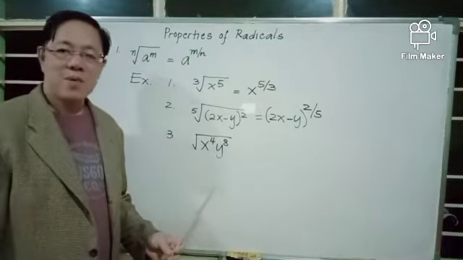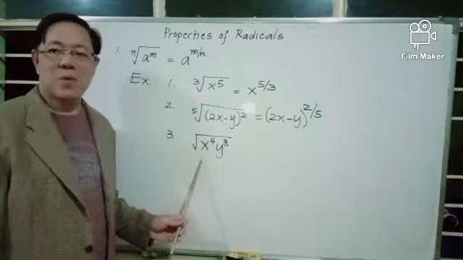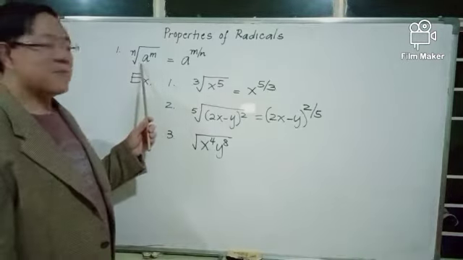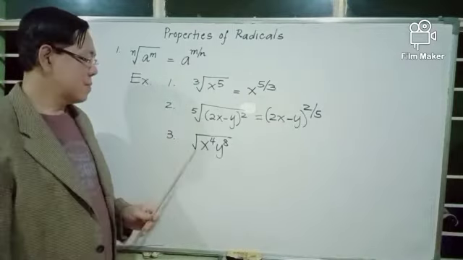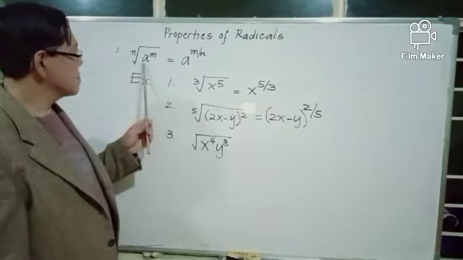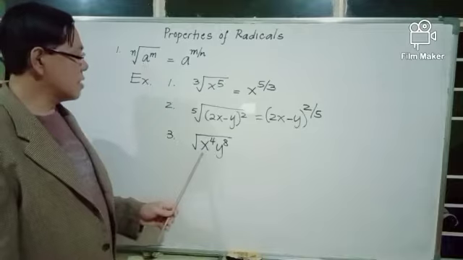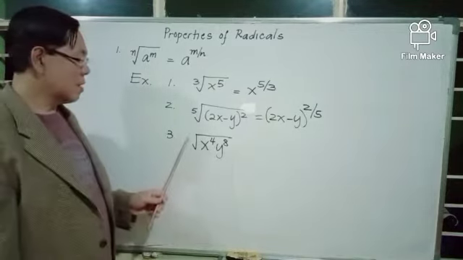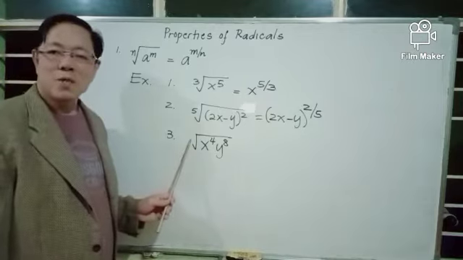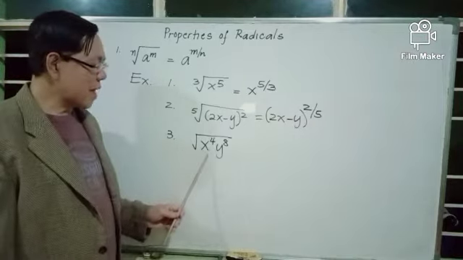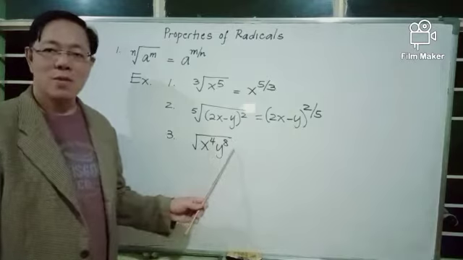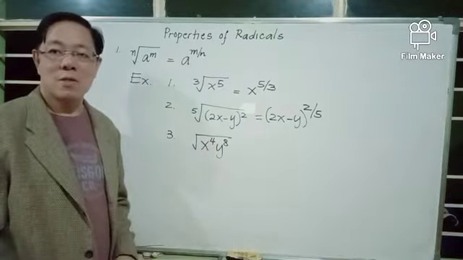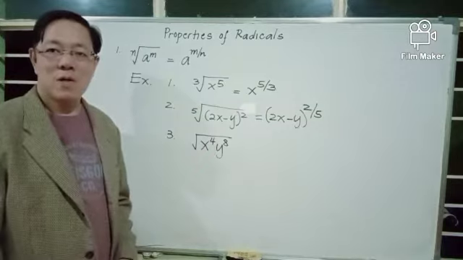Now we can simplify this radical expression using the first property of radical. The radicand here is x to the 4, y to the 8. The index is 2, which means we have the square root of x to the 4 multiplied by y to the 8. If the index is 2, which indicates the square root, we no longer write 2.